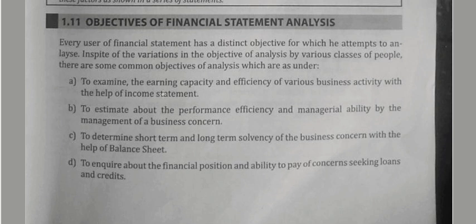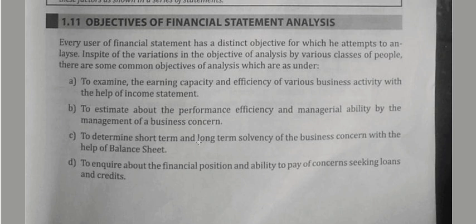So what is the earning capacity of the business concerned, or of different business activities operating in the business, that will be understood, and also to estimate the performance efficiency, whether it is performing in a profitable way or not, and the managerial ability of the management. It also helps us to determine the short term and long term solvency of the business with the help of your balance sheet, and to inquire about the financial position and ability to pay of concerns seeking loans and credits.